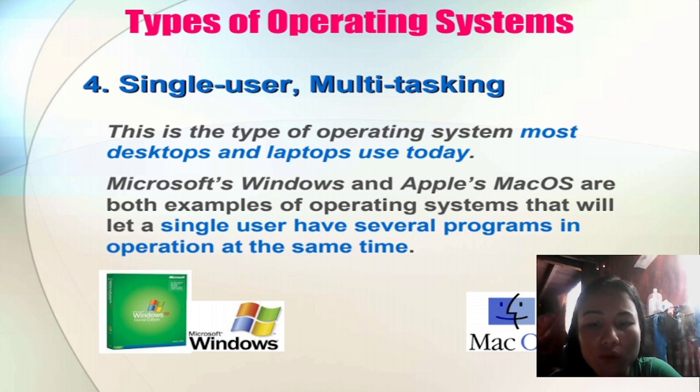Microsoft's Windows and Apple's Mac OS are both examples of operating systems that let a single user have several programs in operation at the same time. The images of the Windows and Mac OS logos illustrate this.